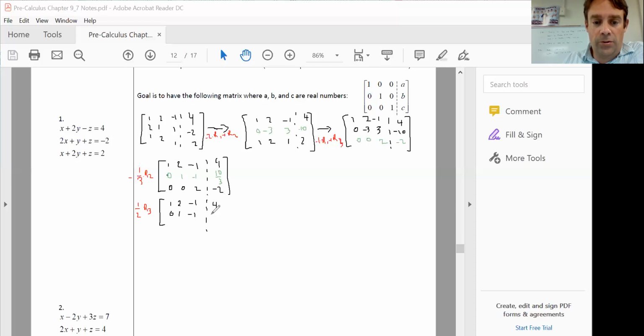That's 10/3. And when I multiply that bottom row by 1/2, I get 0, 0, 1, and -1.